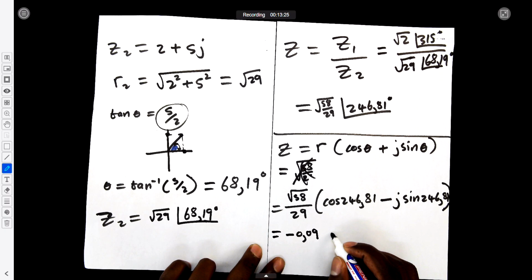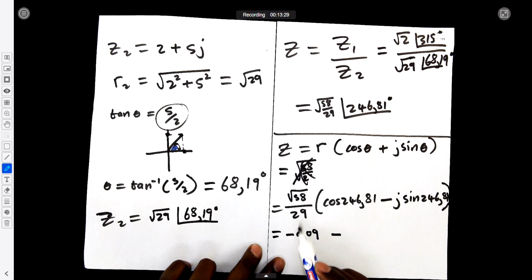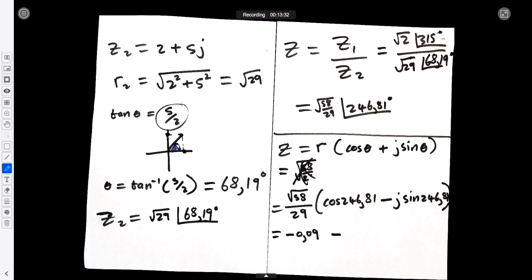And therefore the other one must be negative root 58 over 29 multiplied by sine 246.81.